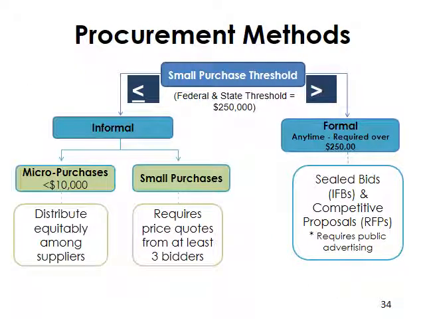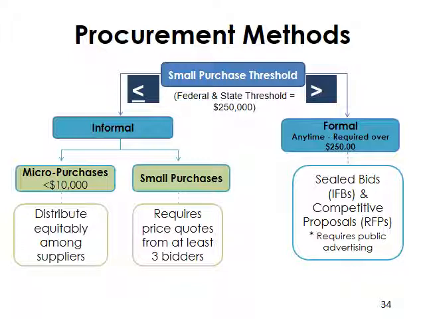The procurement method is determined after you decide what products and services you will need for the year. One thing you need to be aware of is, what is your school's local small purchase threshold? If the school food authority does not have one, the state and federal threshold can be used, which is $250,000 for federal and state.